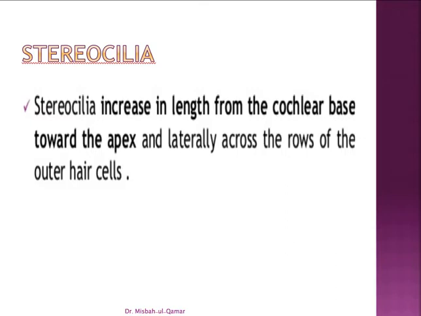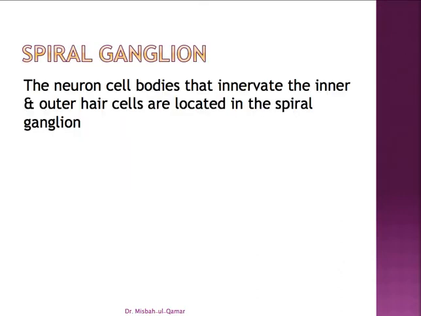And then there are stereocilia, which are the processes present on the apices of these hair cells. Then I told you about the stria vascularis, and why it is important: because it maintains the homeostasis of the cochlea by generating the endocochlear potential. Now, what is spiral ganglion?